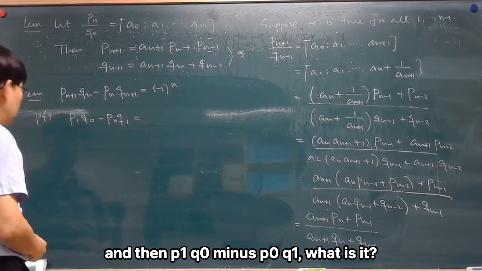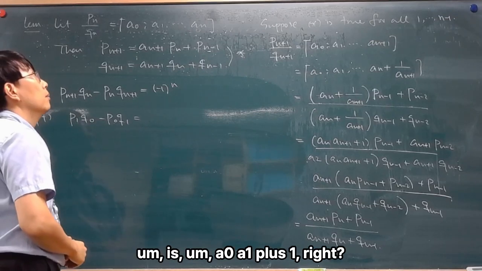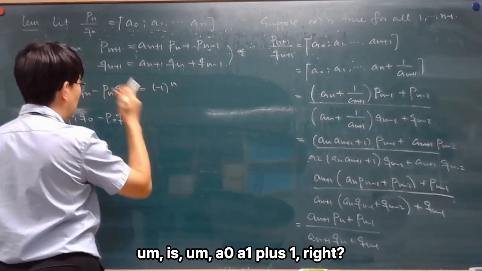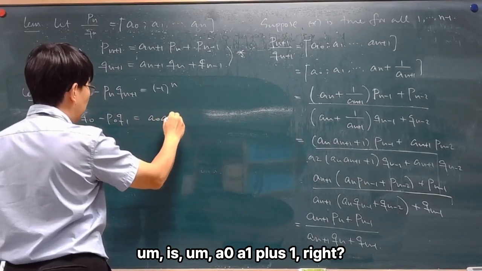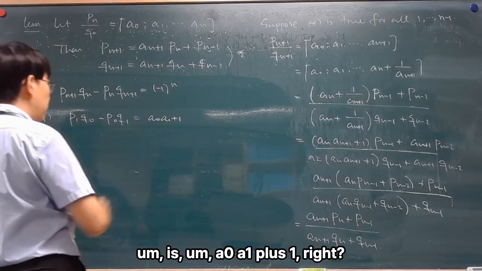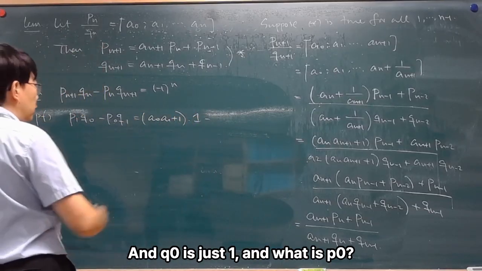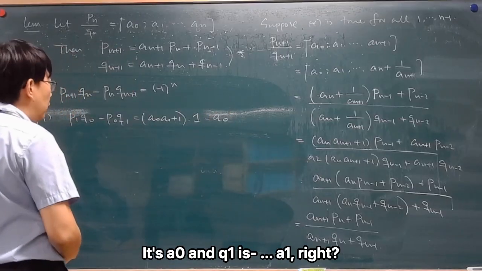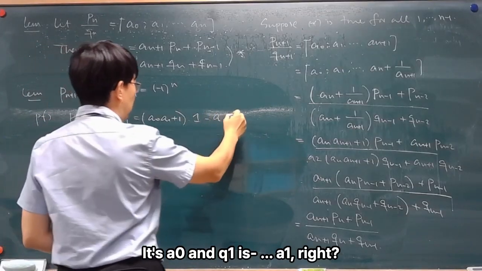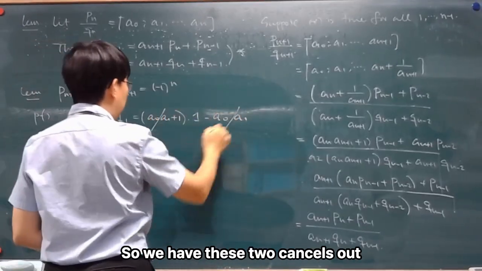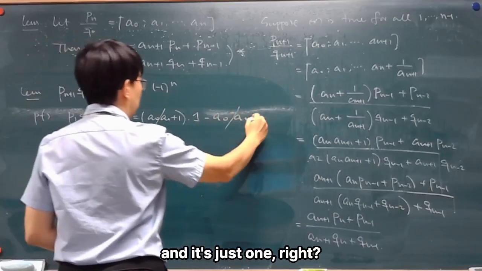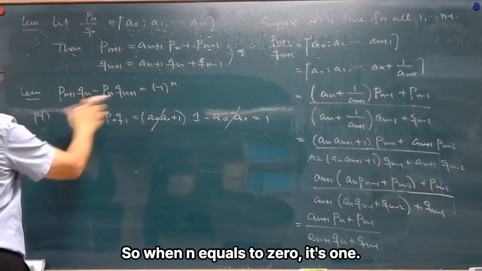What is it? So we know that P1 is A0 A1 plus 1, right? And Q0 is just 1. And what is P0? It's A0. And Q1 is A1, right? So we have these two cancel out, and it's just 1, right? So when n equals 0, it's 1.